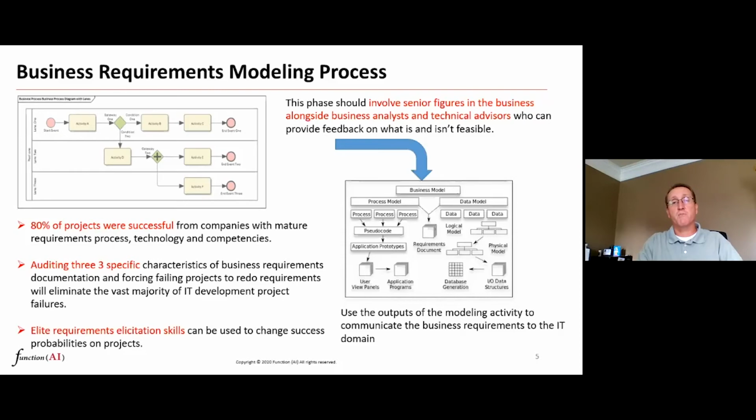Once we have a good practice of auditing that to ensure the complete nature of those characteristics that should be present within the business requirements documentation, this leads you to a higher probability of success for your project, and certainly it helps drive your development process by having good inputs that allow your development team to move forward without having to have steps back. It's the old adage of garbage in, garbage out.